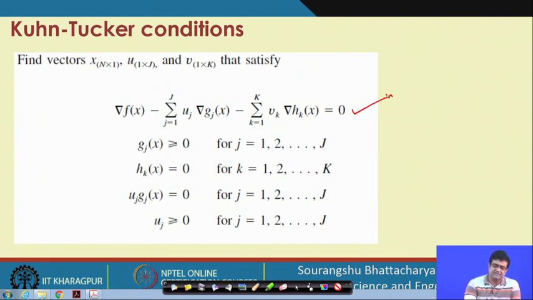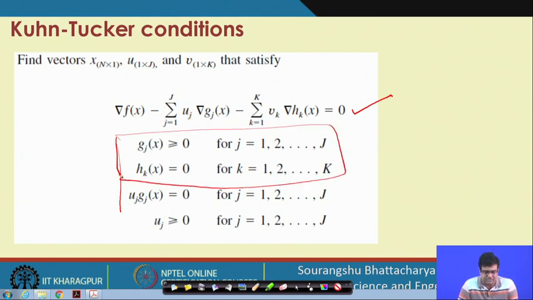The next two conditions are derived when we take the derivative with respect to u j and v k and set them to the appropriate values.